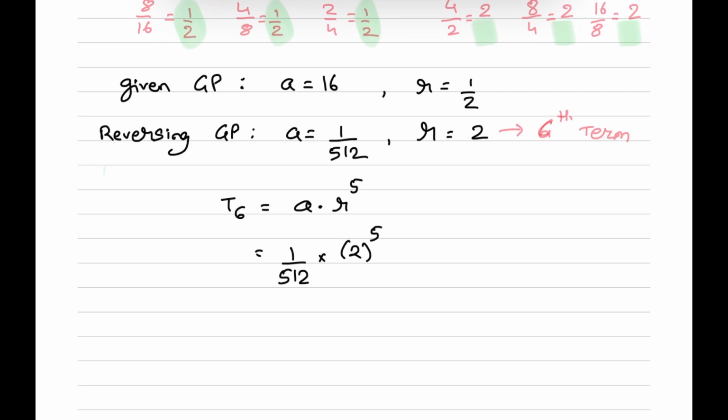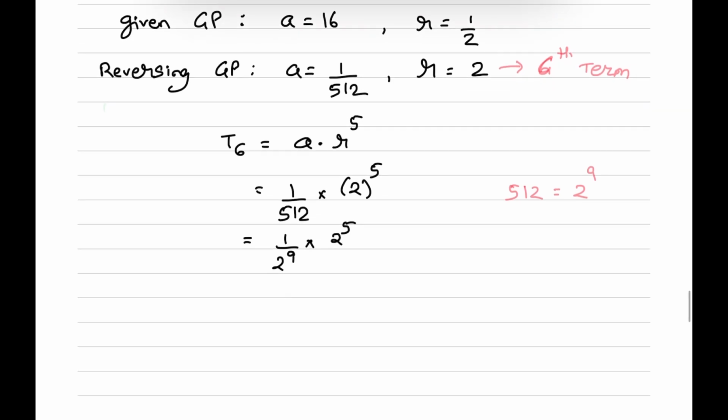We know that 512 is the ninth power of 2, so 2 raised to 9 is 512. 1 upon 2 raised to 9 times 2 raised to 5 will give 1 upon 2 raised to 4. So the sixth term from the end of the given GP, which is also the sixth term of the reversed GP, is 1 upon 16.